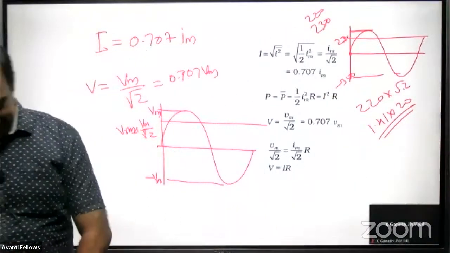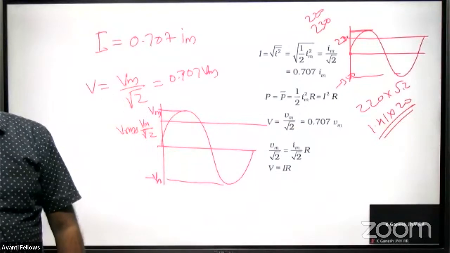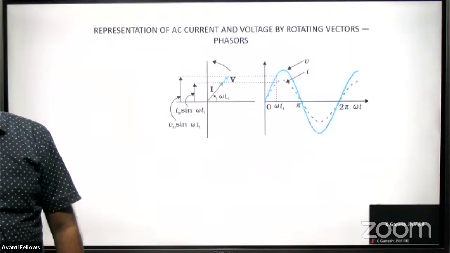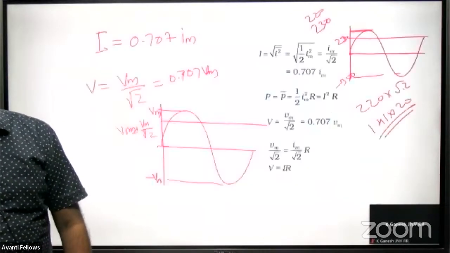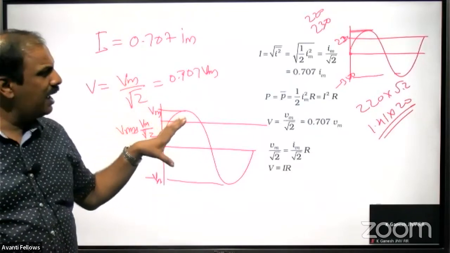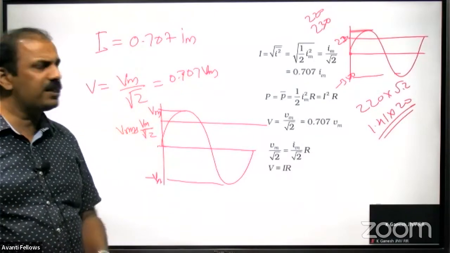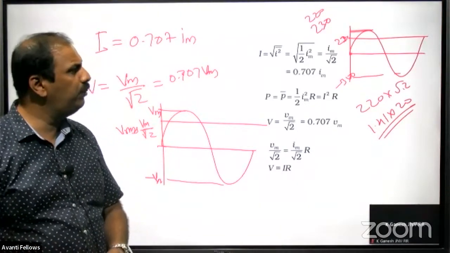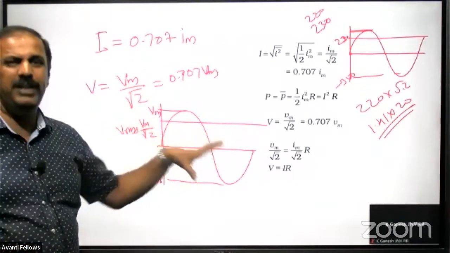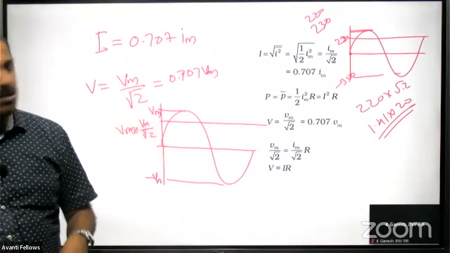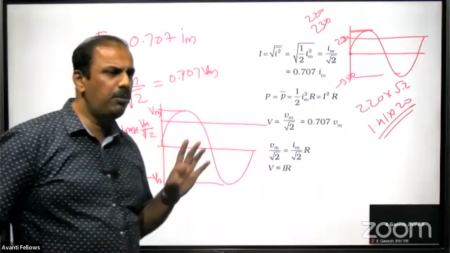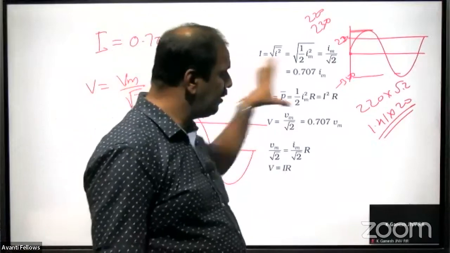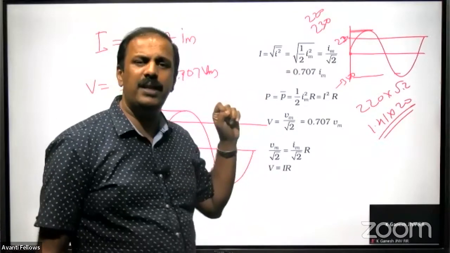So when AC is applied to the resistor, the voltage and current are in phase. That's what we discussed. And we discussed what RMS voltage and RMS current are. And this RMS value will be the equivalent of DC. That also we discussed. Now, the next thing is, when you study AC, in a resistor the current and voltage are in phase.